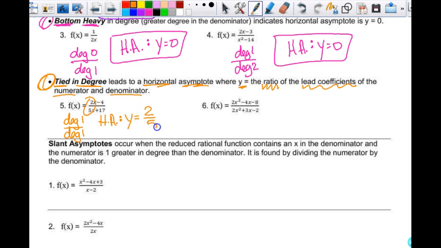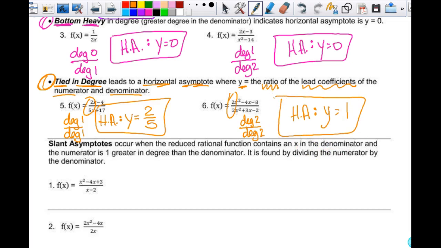That's it. Okay, y equals 2/5. So here this gives me degree 2 over degree 2. Therefore, they are tied. So my horizontal asymptote, that's 2 over 2, which is 1. And that's it. Okay, everybody okay with that?